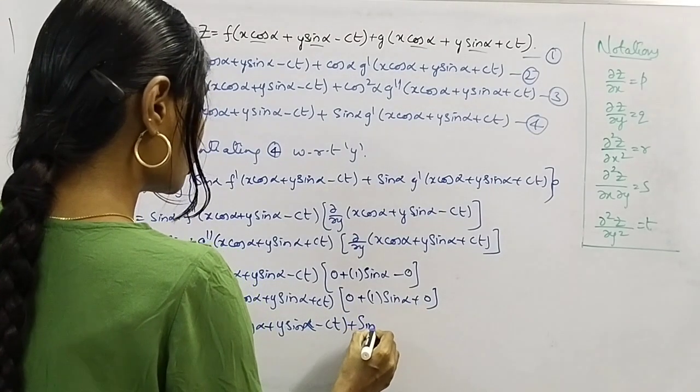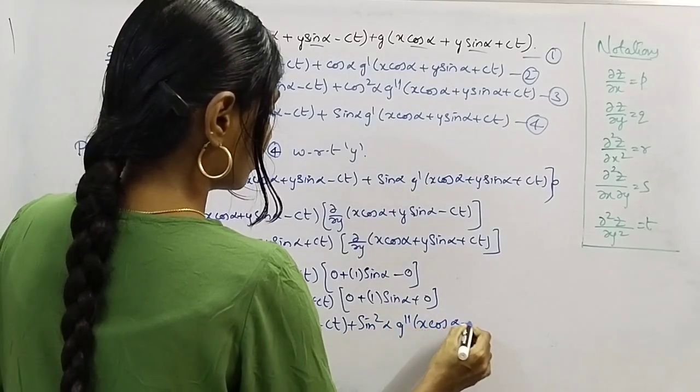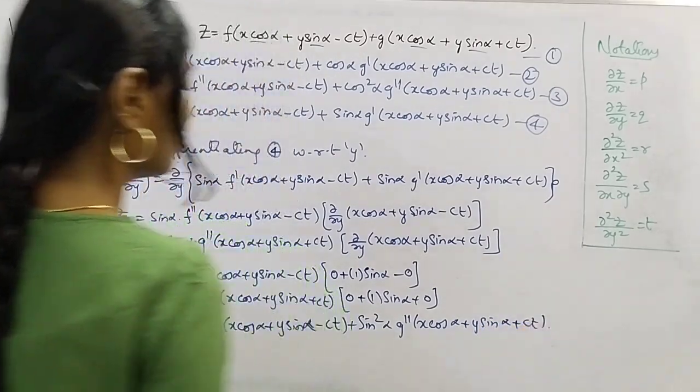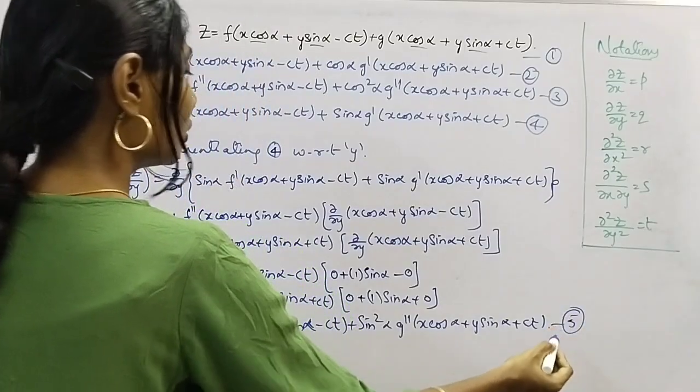You'll get sin square alpha into g double dash. Consider this as equation number 5.